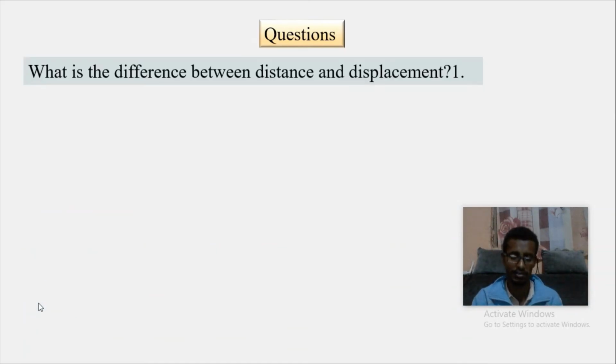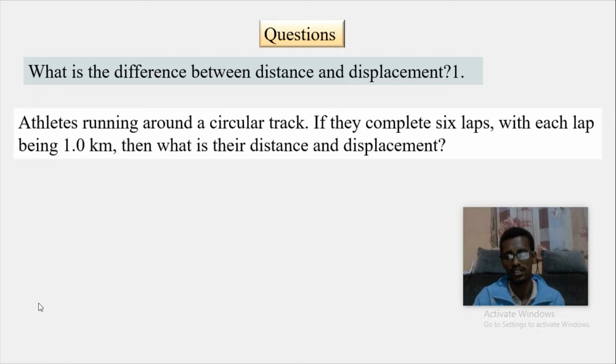What's the difference between distance and displacement? Please try to identify their difference with examples. Athletes run around a circular track. If they complete 6 laps, with each lap being 1 kilometer, then what's their distance and displacement?